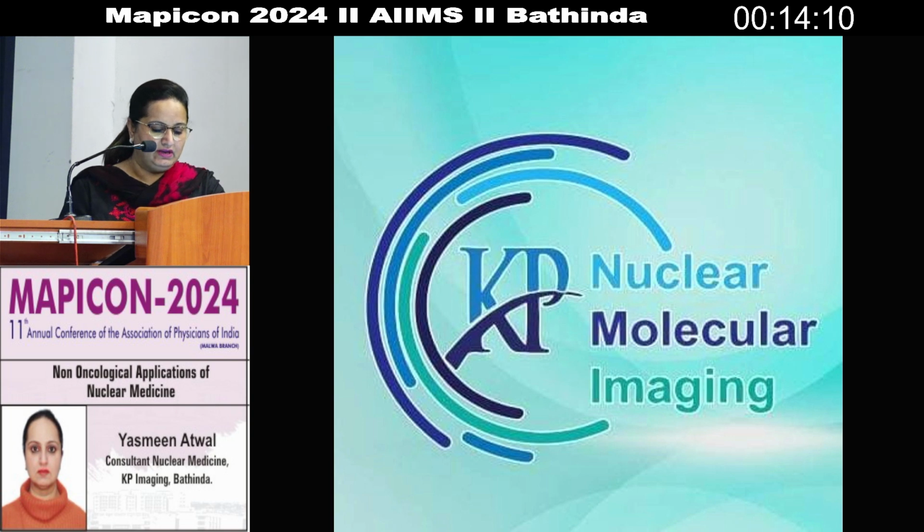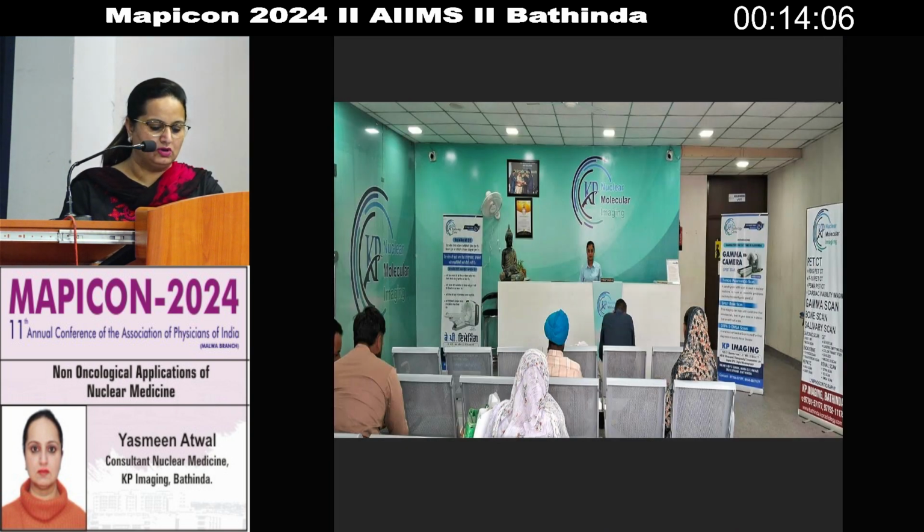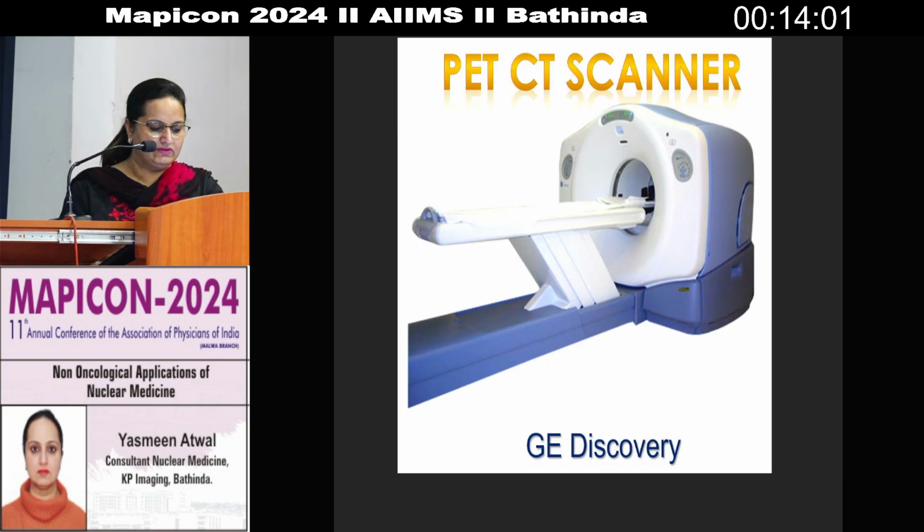At the Nuclear Molecular Imaging Center at Bathinda Scans, we do both oncological as well as non-oncological imaging. For that, we have two scanners. We have the PET-CT scanner, the GE Discovery, on which we mainly do oncological scans like cancer staging, treatment response, recurrence, and follow-up.